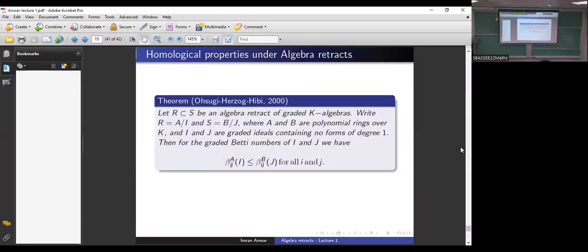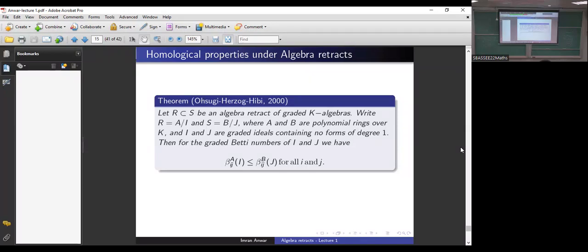We have been addressing this type of question: when there exists an algebra retract between A and B, and the answer can be yes and can be no. In order to address this, particularly when I would like to say that there does not exist an algebra retract, again, it is not a trivial problem.